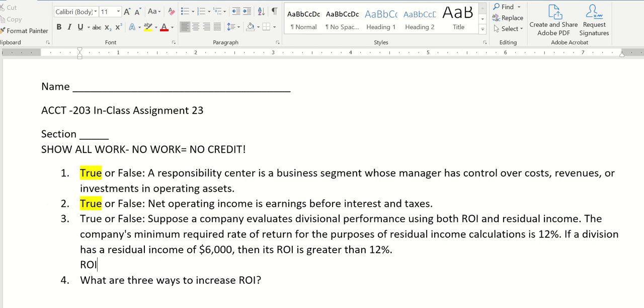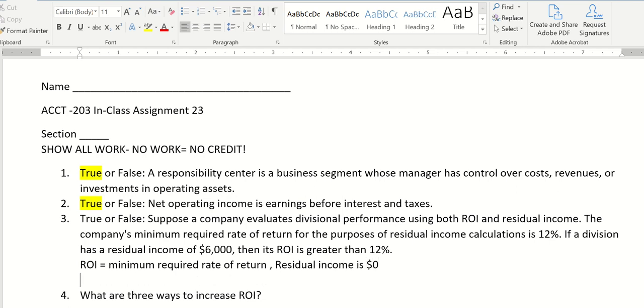If ROI is equal to the minimum required rate of return, then your residual income is $0. If residual income is a positive number, like positive 6,000, that means that ROI is greater than your minimum required rate of return.